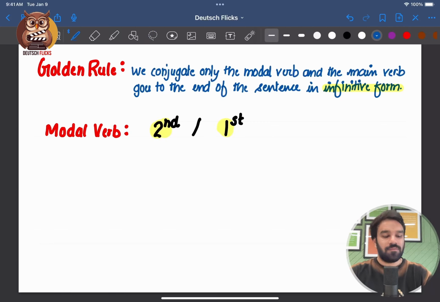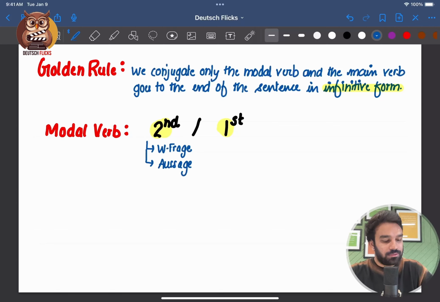So if it is W-Frage, W question, or Aussagesatz, statement sentence or full stop sentence, we will use the second position.